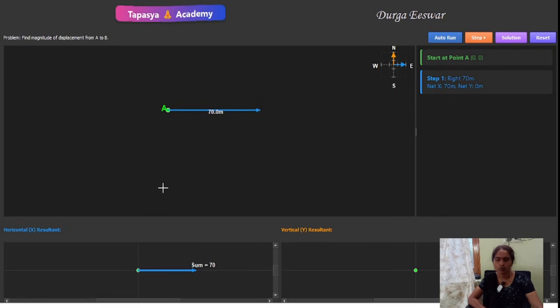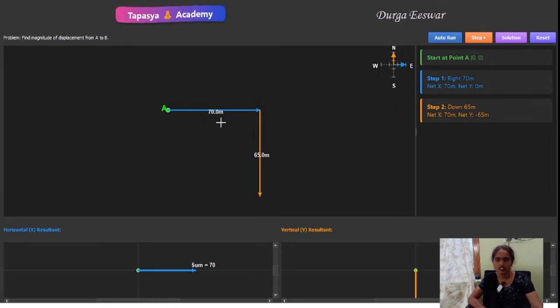At bottom left, the resultant of the horizontal vectors is displayed, whereas at bottom right, the resultant of the vertical vectors is displayed. Whenever a new vector is added, the resultant of the horizontal or vertical vectors changes in the bottom graphical views.